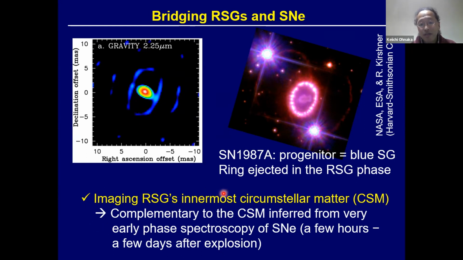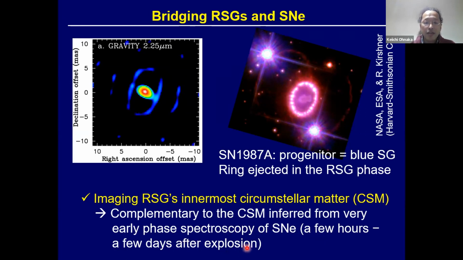Imaging red supergiant innermost circumstellar matter is complementary to the circumstellar matter study inferred from supernovae, because nowadays it's possible to get the very early phase spectra of supernovae. Very early phase means within a few hours to within a few days after explosion.